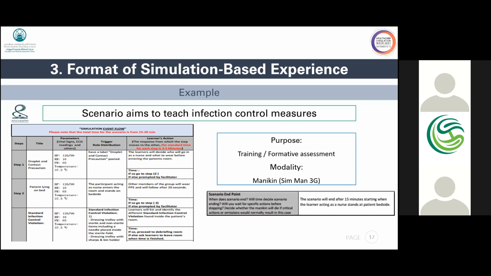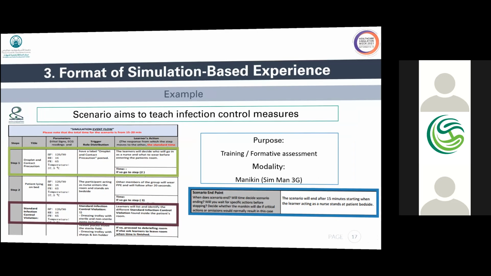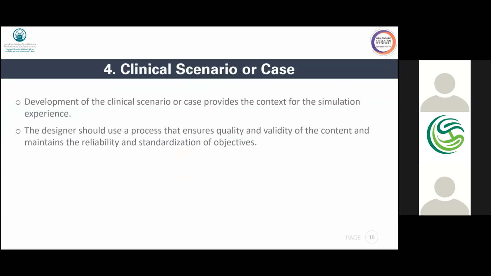And the endpoint can be determined by the writer of the scenario. They can make it time-based or by critical action. In some cases, some writers will add that certain critical errors will end the scenario. This depends, and should be designed before implementation, and it's preferably not changed during.